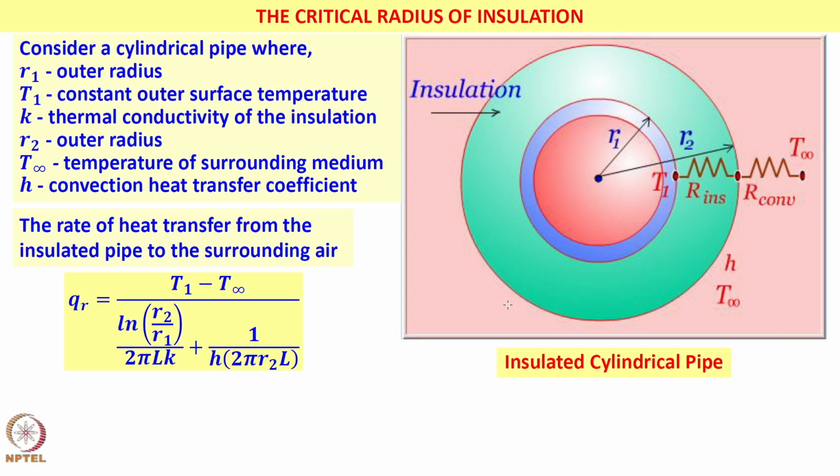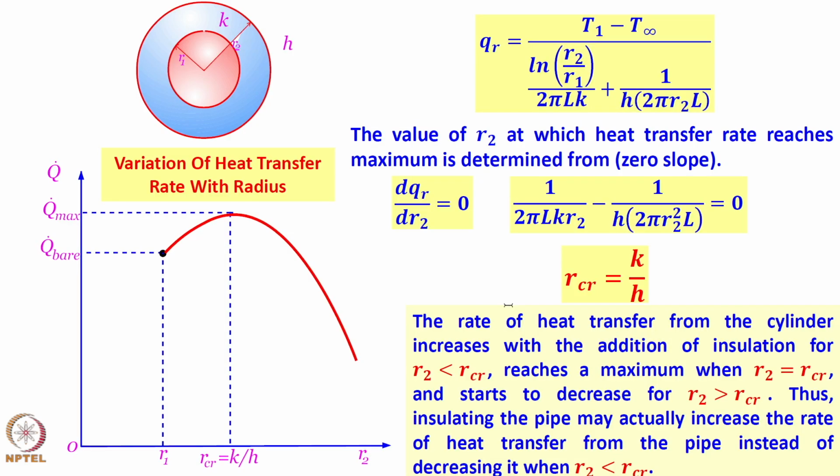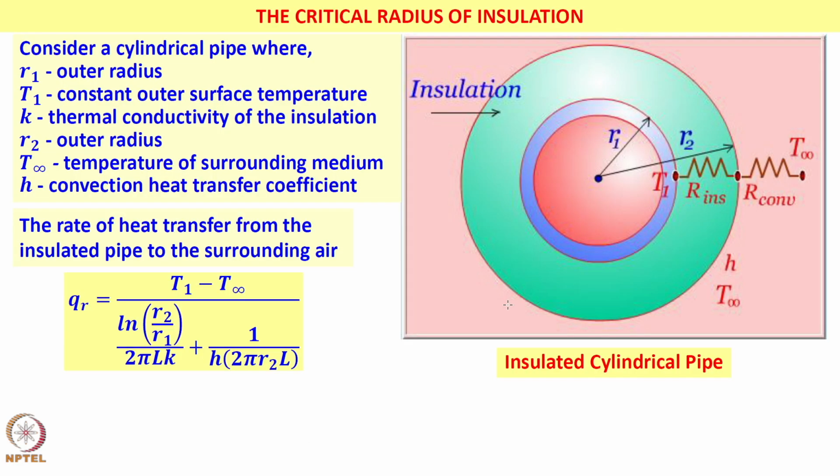So, you have a cylinder, and the conduction through the wall remains the same, so that has not been accounted for here. So, T1 minus T infinity divided by these two resistances. Now, those two resistances are going to play a different role, one increases, the other decreases. If I want to maximize the heat transfer rate, dQ by dR2, where R2 is my variable, I am changing this outer thickness.